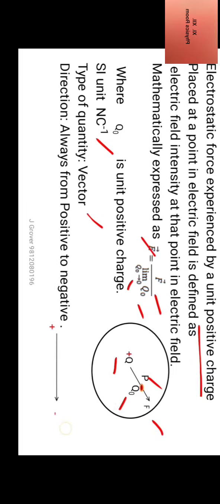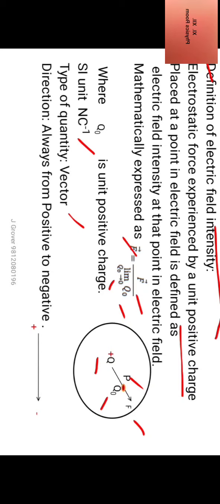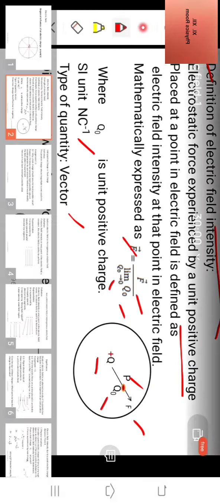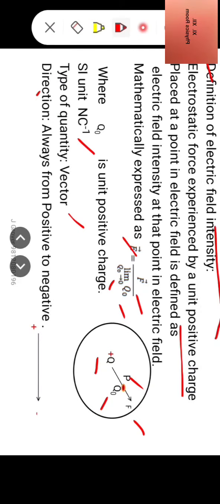Now direction. Direction is always from positive to negative. Whenever we represent electric field diagrammatically, we represent it by a directed line segment from positive to negative side.